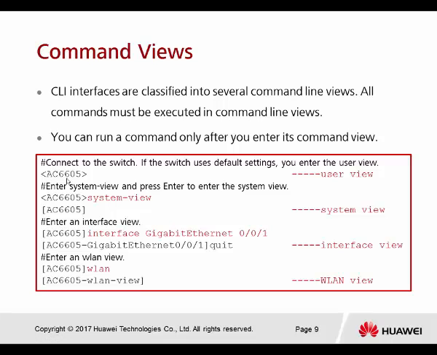Basically in the user view we can't do much. We only use some display commands in this view to check the configuration and the commands that you already did. For the next one, you can use the command system-view. After we press enter for this command, it will bring you to the system view. You can see the brackets change, they become like this.